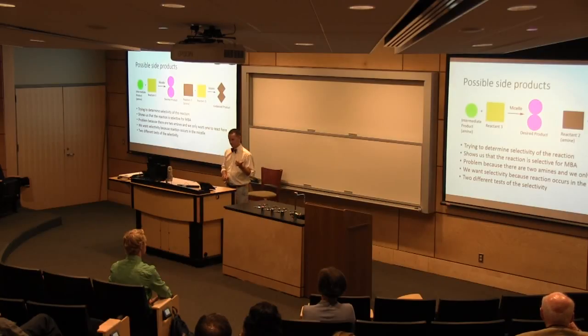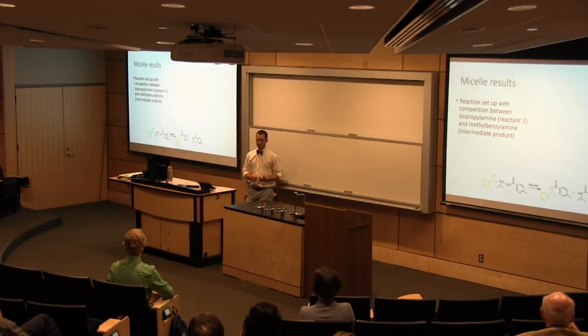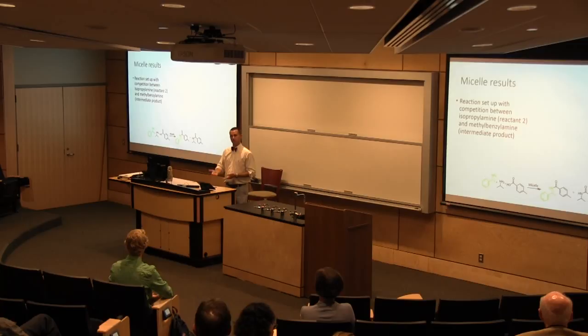So I did this two different ways. So the first reaction, the setup, it's a 1:1 ratio. So one equivalent of the acetylcholine, which is the starting material, one equivalent of the reaction intermediate, which is the green dot, and one equivalent of the reacting partner, which is a carboxylic acid.